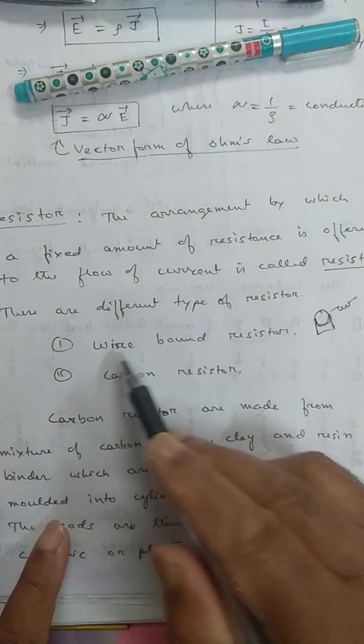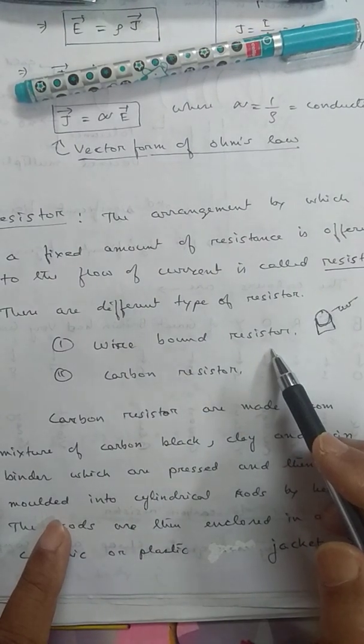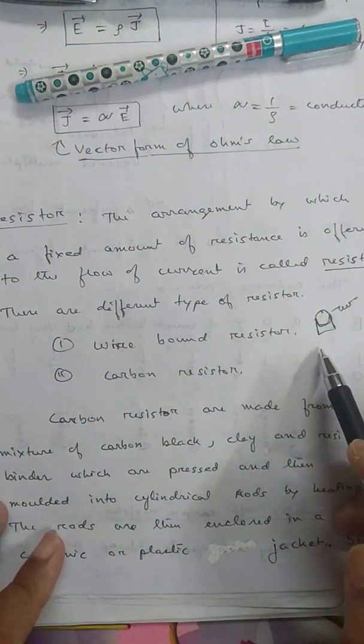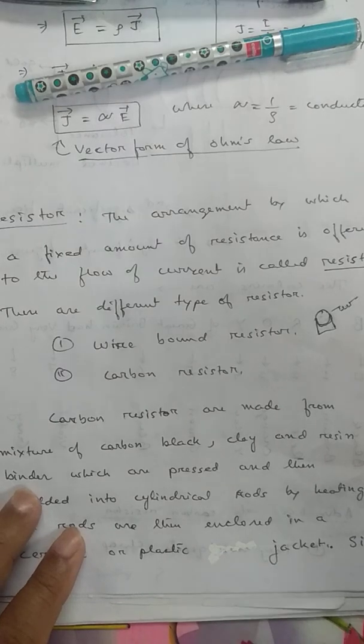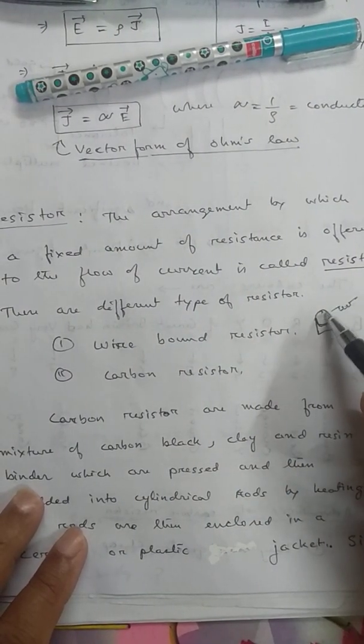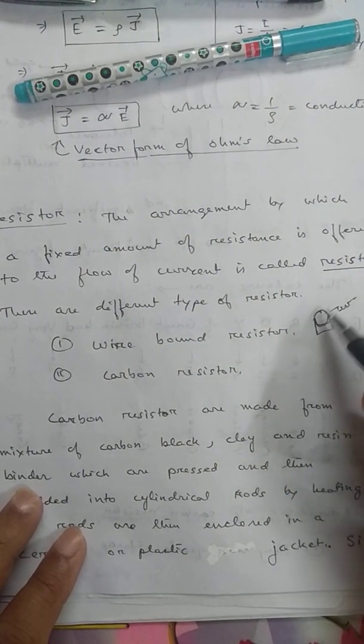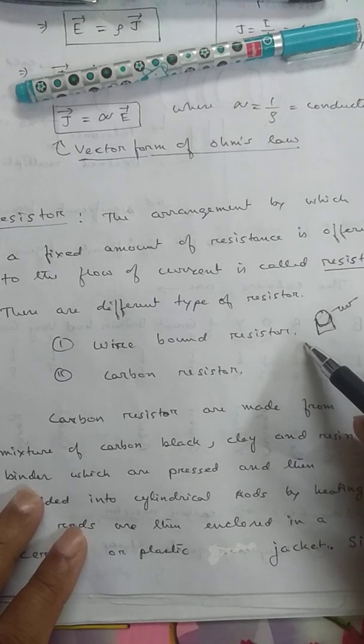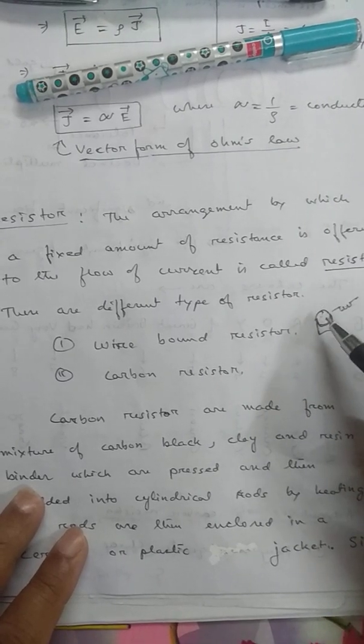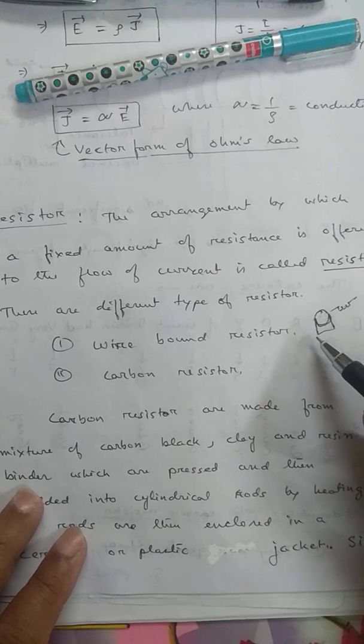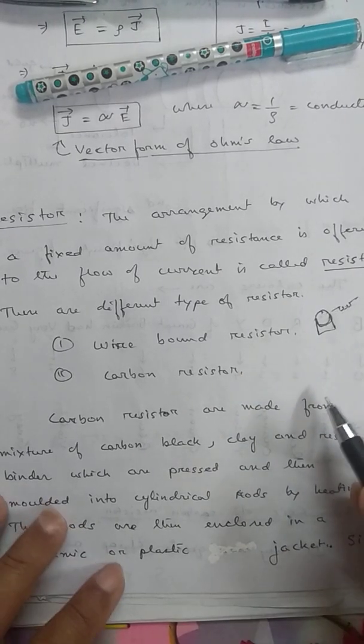So this is called a wire bound resistor. One of the basic disadvantages of this resistor is that its size is large. If you measure the dimensions of this type of resistor in the lab, you can see they are 2 or sometimes 5 or 6 centimeters, or 2 and 3 centimeters also.